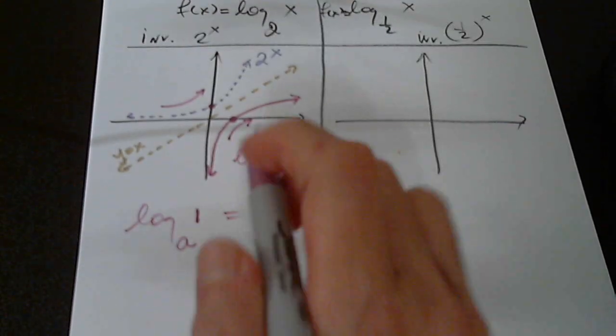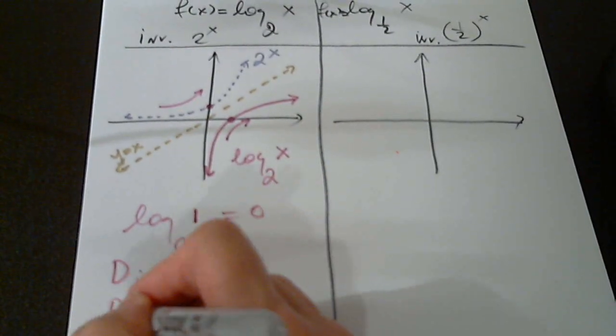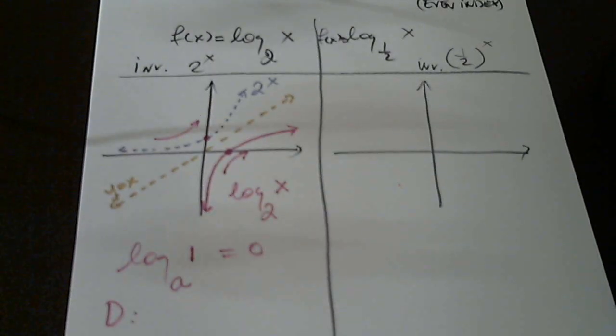Now, I would like us to determine the domain and range. Can anyone give us the domain and range for the log base 2 of x? Look at the graph, and then we're going to look at limits, so we can establish that too. Is the domain 0 to infinity?